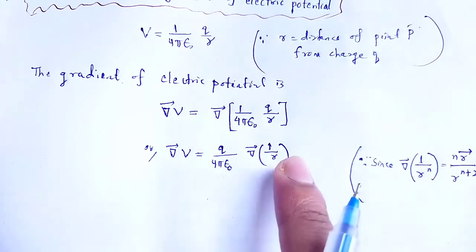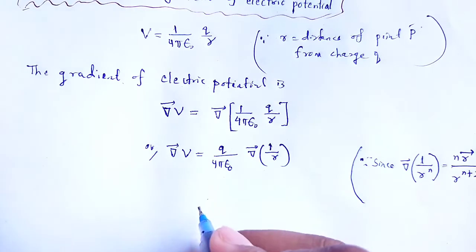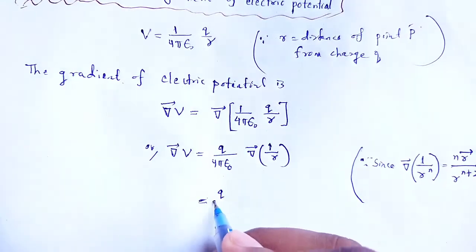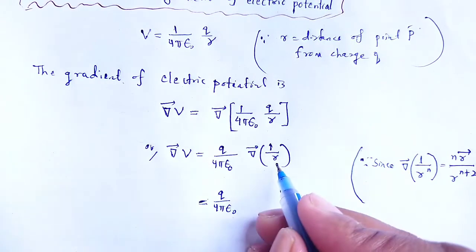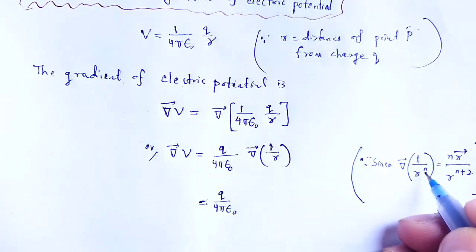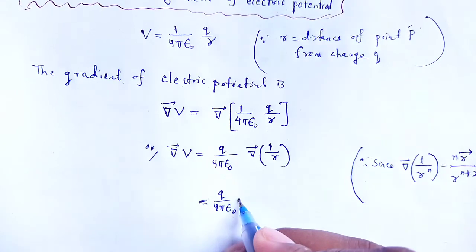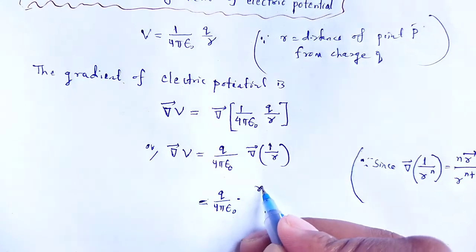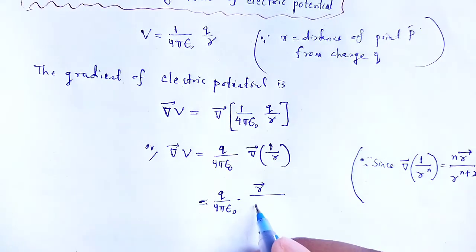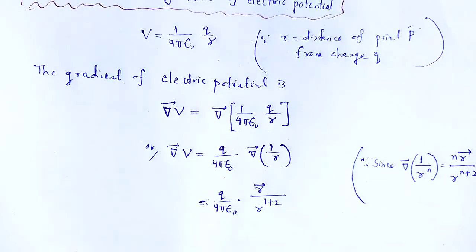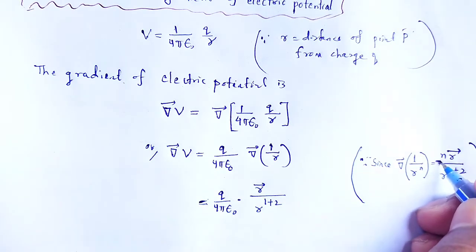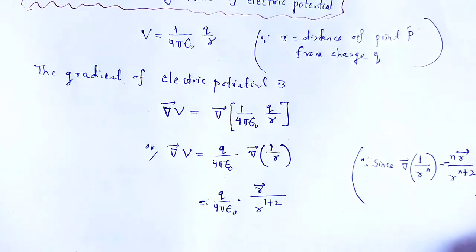So, here n is equal to 1. We substitute 1 in place of n, that value will be r vector divided by r to the power 1 plus 2, with the negative sign.